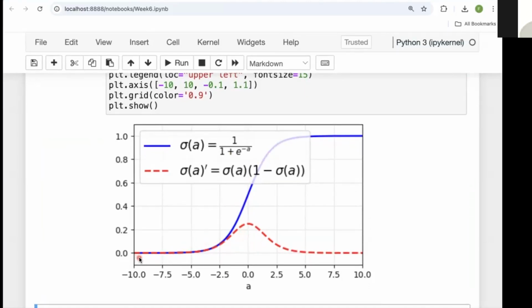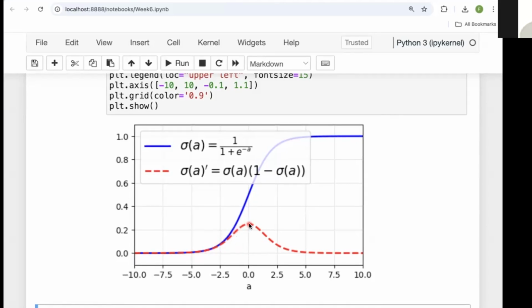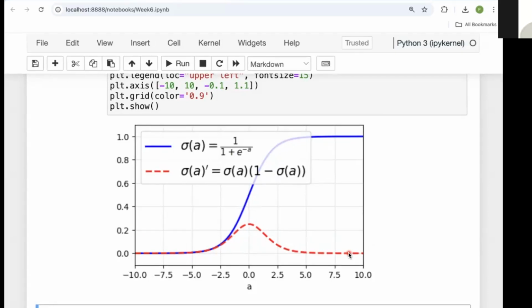So it is very clear that for the negative values of a, we start from derivatives that are very close to 0. Then the derivative increases to reach its peak at 0.25. And then again, it goes to 0, which is consistent with the fact that we have these two horizontal asymptotes, one at 0 and the other one at 1.